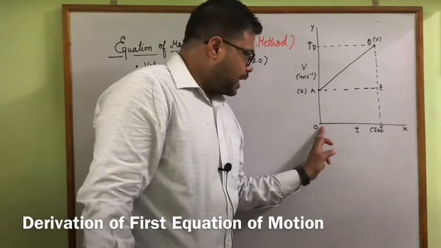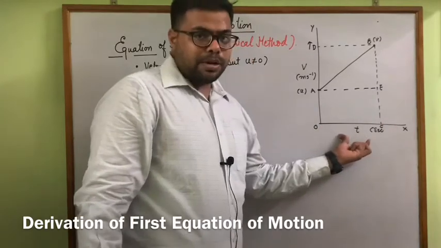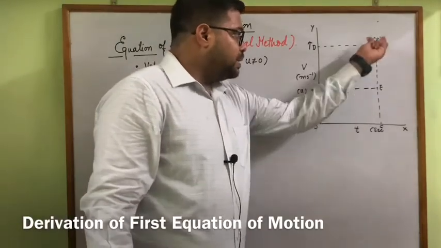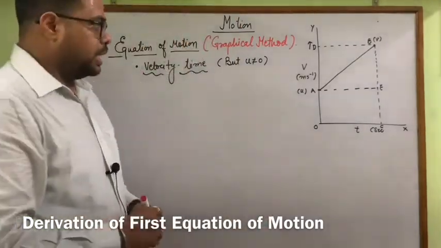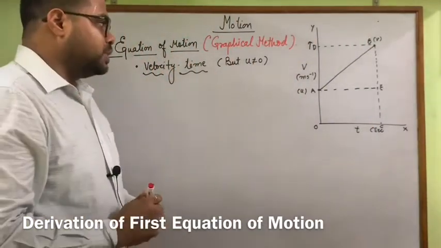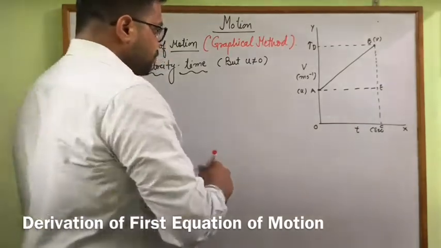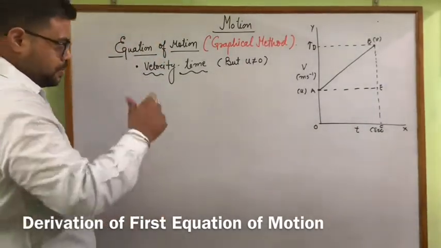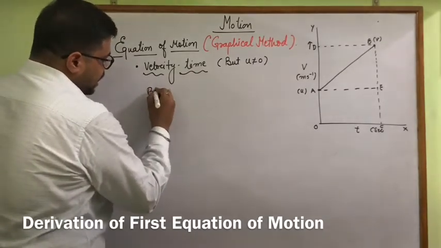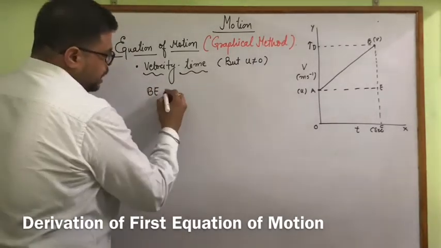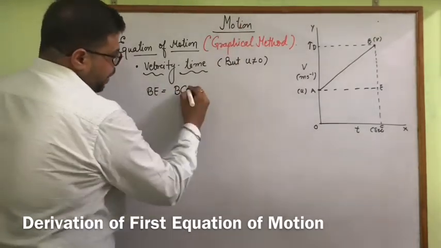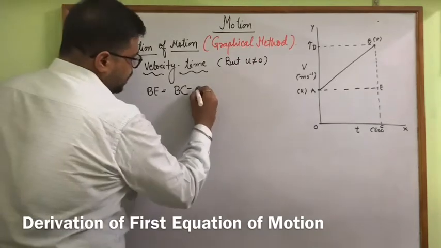See here, this line OC describes the time interval, and here OA is the initial velocity and BC is the final velocity, and BE is the change in velocity. Now look at here, BE will be equal to BC minus CE.